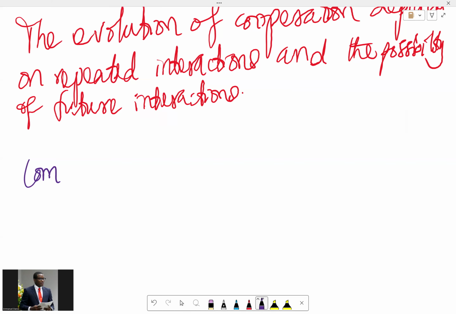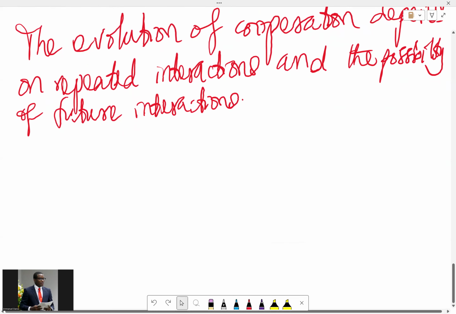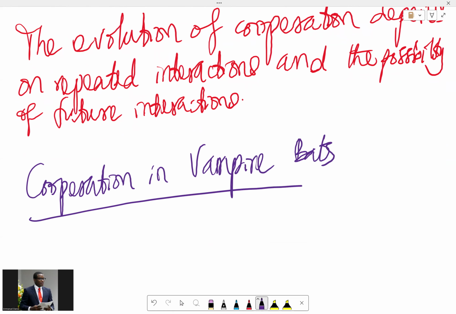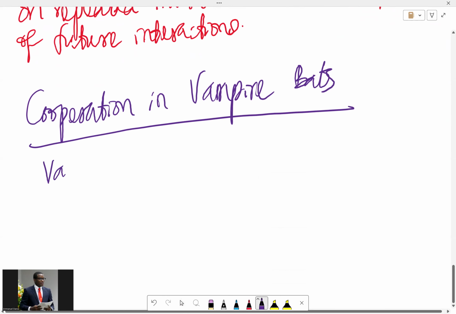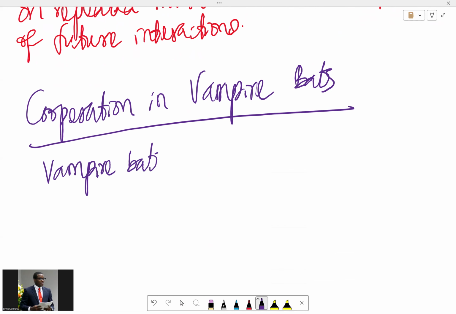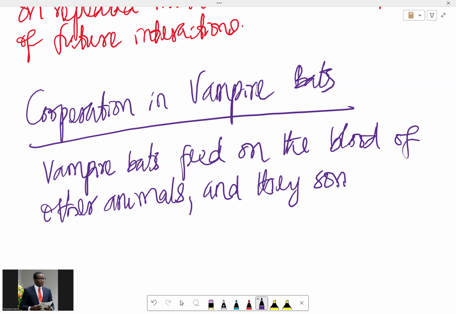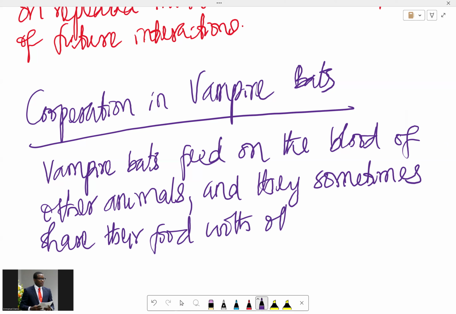Cooperation in vampire bats. So first, vampire bats feed on the blood of other animals, and they sometimes share their food with other bats in need.